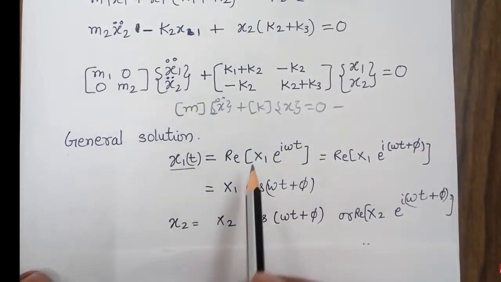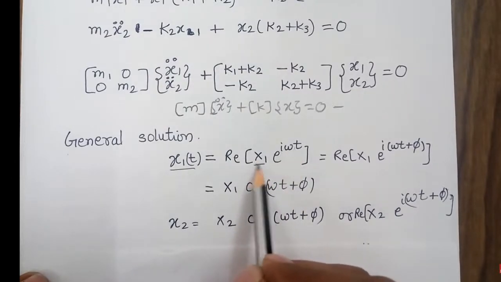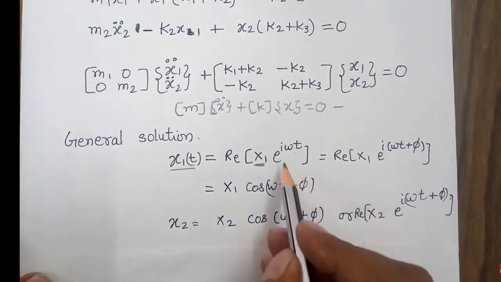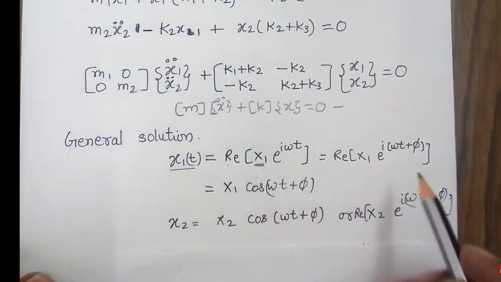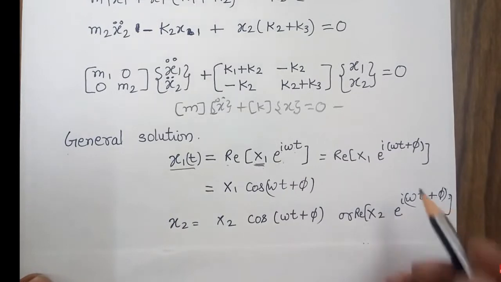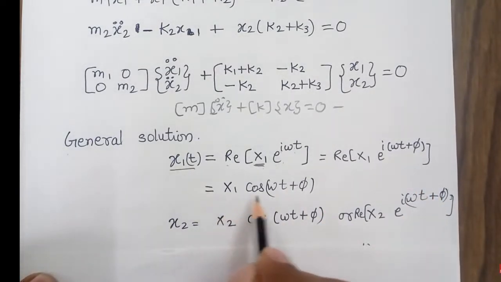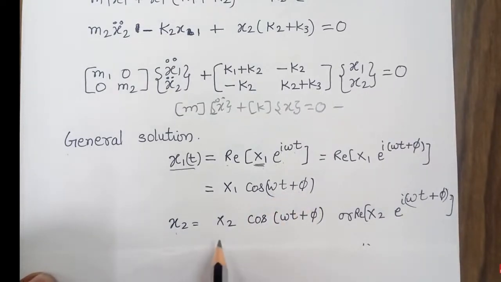My first solution will be x1 e to the power i omega t, where x1 is a constant and e to the power i omega t is a time variable function, and I am taking the real part of it. Instead of this, I can also use e to the power i (omega t plus phi) if I want to consider the phase, or I can also use this form, x1 cos(omega t plus phi). Similarly, for the second mass, I can consider a solution that is x2 cos(omega t plus phi).